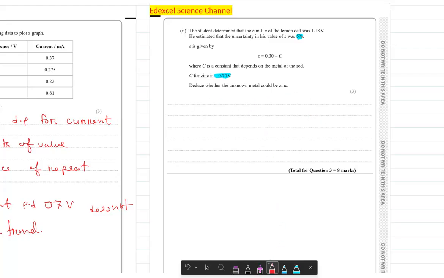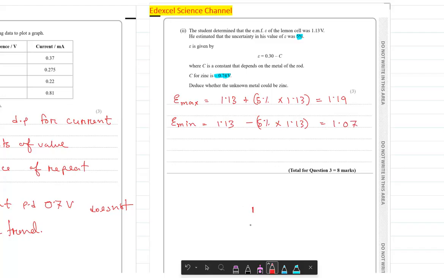To find out the maximum value, let's say this is EMF max, it's going to be 1.13 plus 5% of 1.13, which is going to give you 1.19. And to find out the minimum value, you'll just have to subtract 5% of 1.13, which is going to be 1.07.